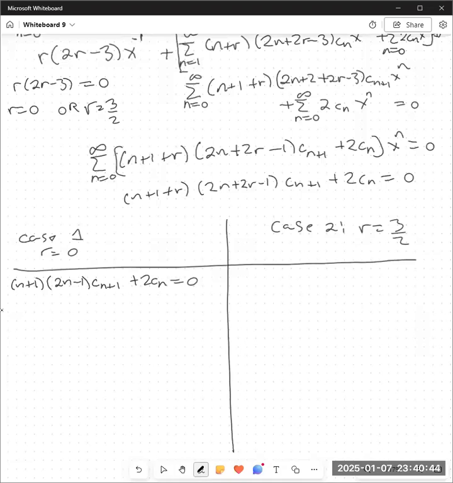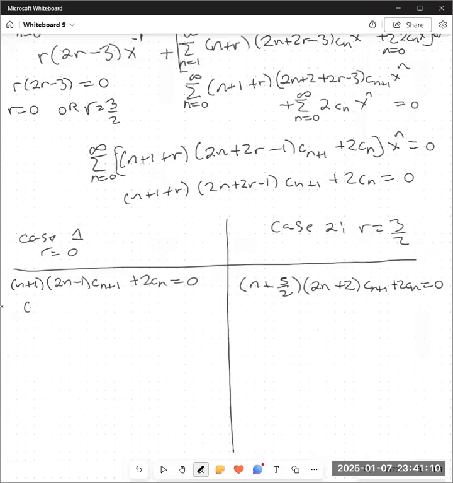If r is equal to 3/2, I have n plus 1 plus 3/2 is 5/2, times 2n plus 3 minus 1 is 2n plus 2, c sub n plus 1, plus 2 c sub n is equal to 0.